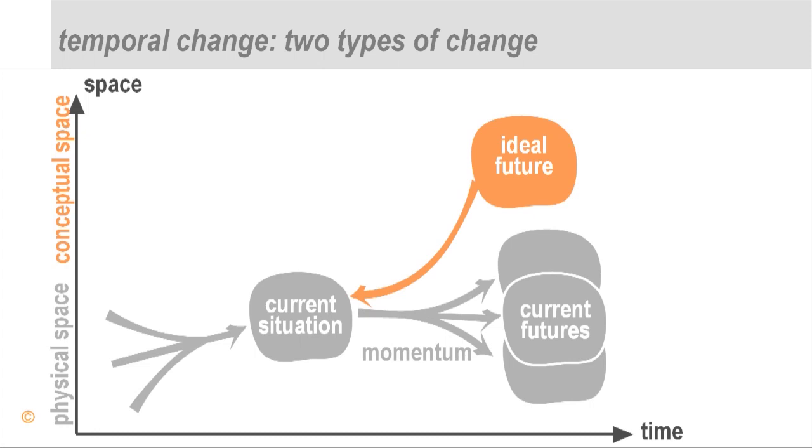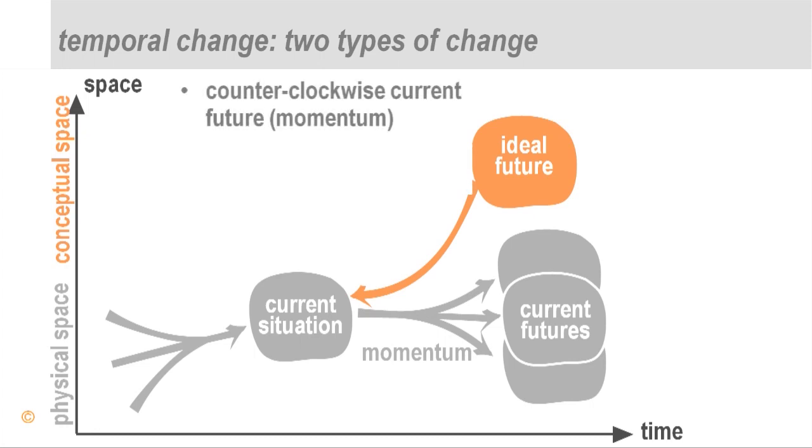This momentum is actually the counterclockwise change. The way the current situation, the current ethos, aims, process, structure, and governance of the system is configured drives the system into its current futures. So this force of change represents the momentum.